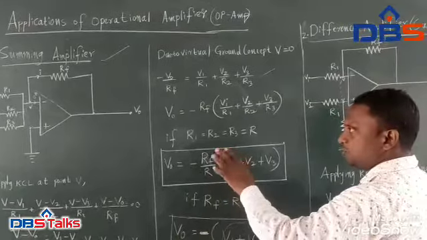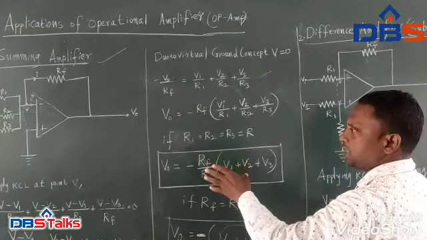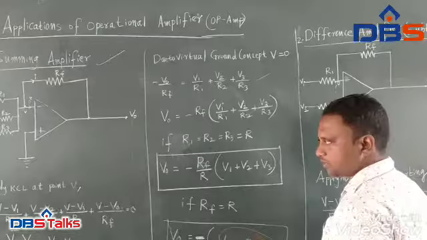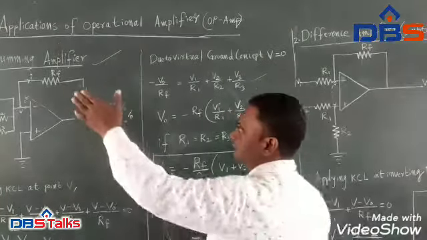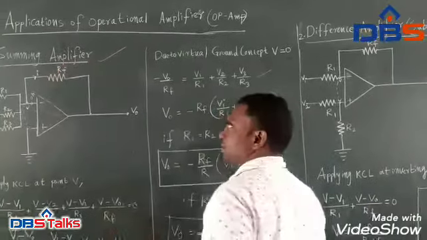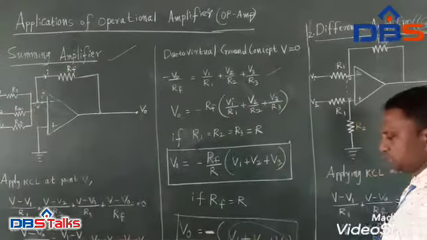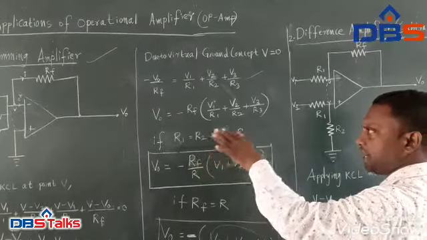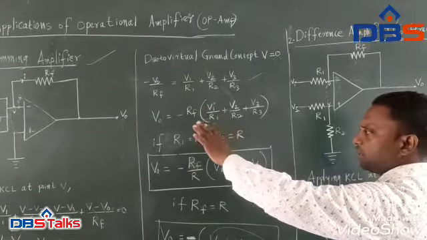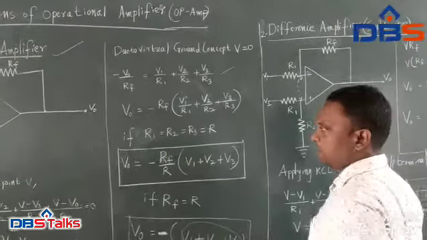Exactly, the output and input voltages differ by 180 degrees phase difference. That is the only difference. So this is the summing amplifier or adder circuit designed using operational amplifiers. V1, V2 and V3, these three voltages are added using the operational amplifier. That is why it is called a summing amplifier.